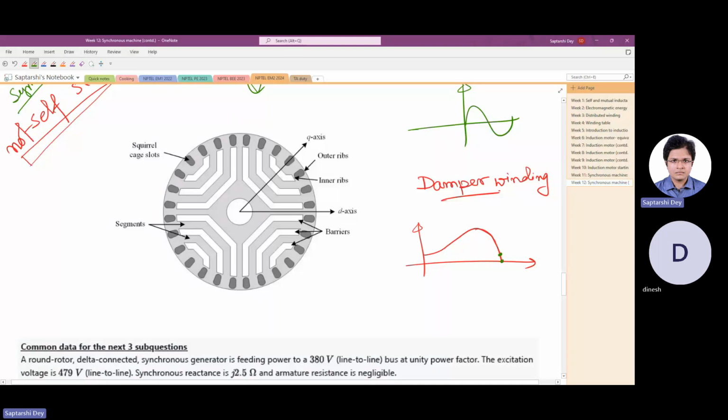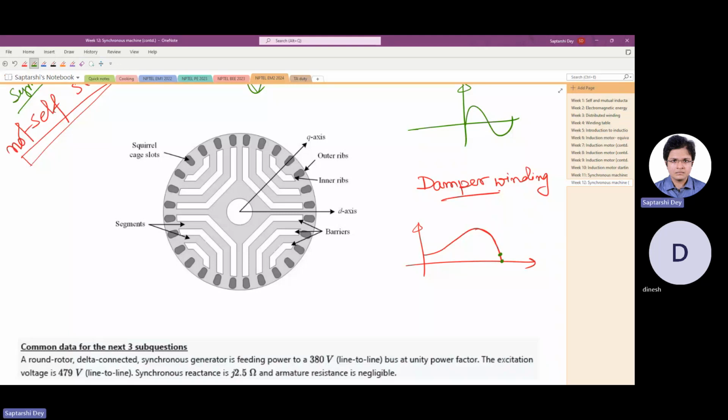Now, when the synchronous machine is rotating at the synchronous speed at steady state, suppose there is no speed fluctuation, then the current through the squirrel cage slot is 0.